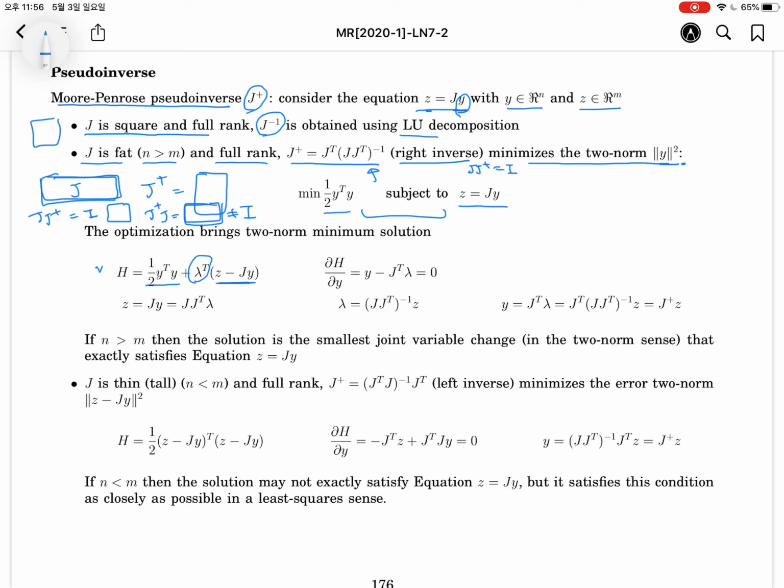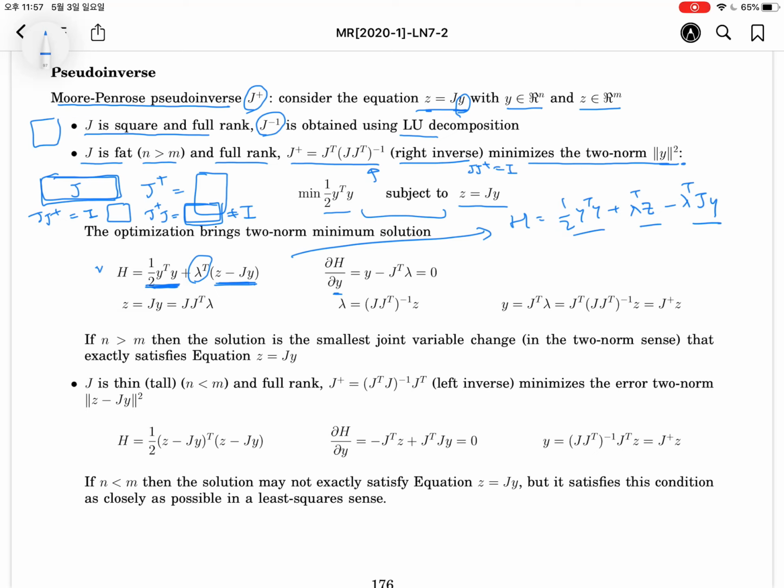So the Lagrange multiplier will be introduced to connect the performance index and the constraint. Okay, let's write this down. H is given by one half y transpose y plus lambda transpose z minus lambda transpose Jy. All terms are scalar.